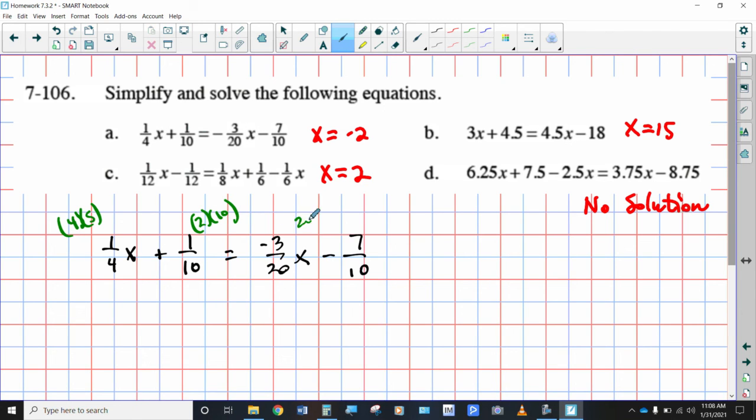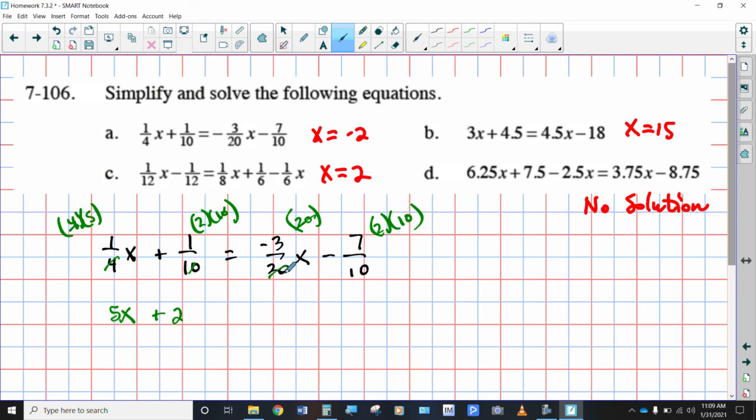The reason why I'm doing that is because I know my 4 is going to cancel out with this 4, leaving me with 5x's. I know in this case, the 10 is going to cancel out with the 10, leaving me with 2 times 1. So this expression becomes 5x plus 2 after multiplying both of these times 20.